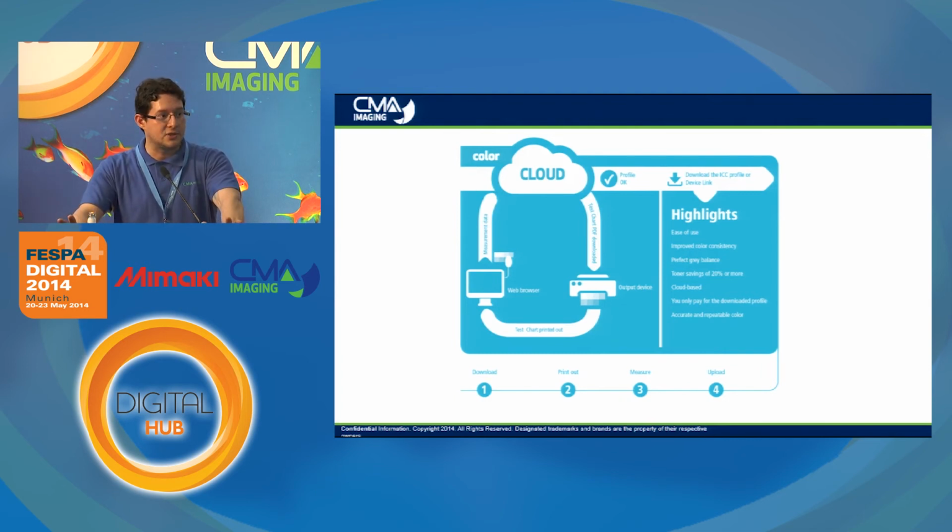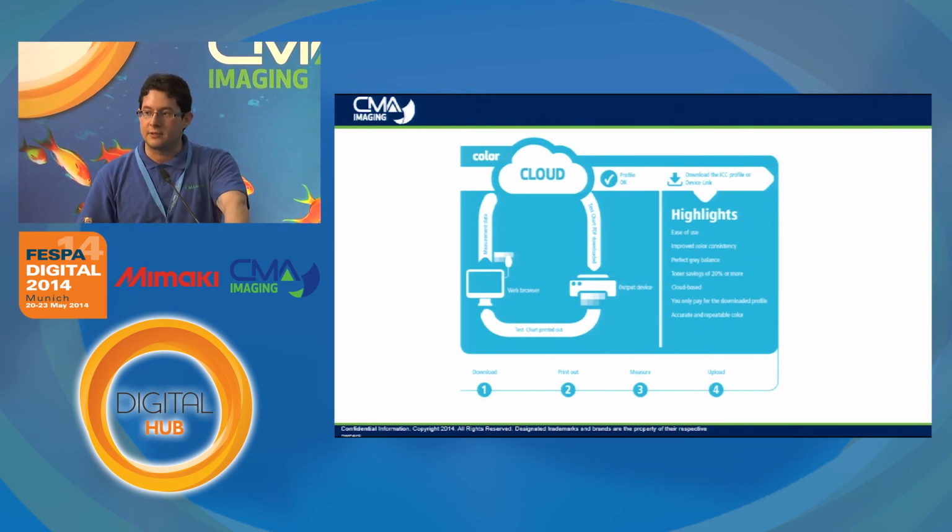So there is a server where you can connect. You download the test charts, and with your measurement device like an i1 or an i1 iO table, it will send all the measurements out to the cloud, build the profiles, and then you can download it. And you can use that profile in your workflow. So if you're using different RIP technologies or others, you can use our profile inside to do the color standardization or ink saving or both.